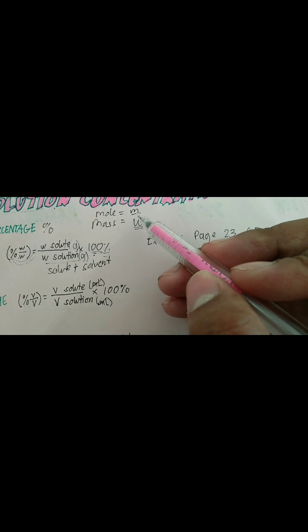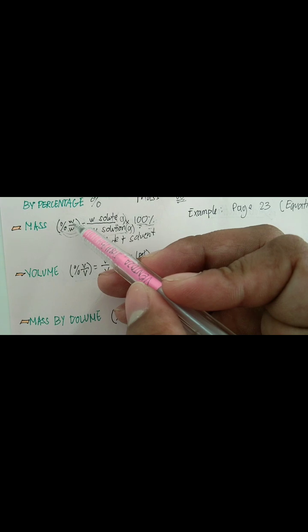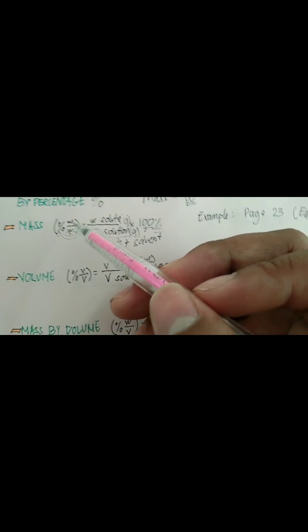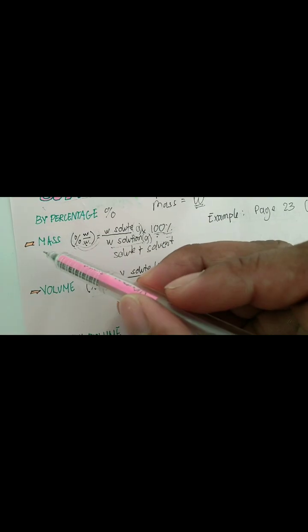Moles is denoted by small letter m, while mass is denoted by small w. That's why we have here percent by mass. This is mass of the solute and mass of the solution. Class, for you to understand this deeper, later again we'll go through a specific problem. And we're done with mass.